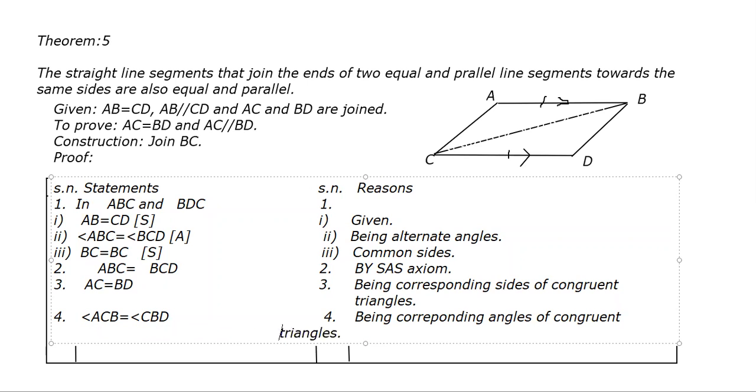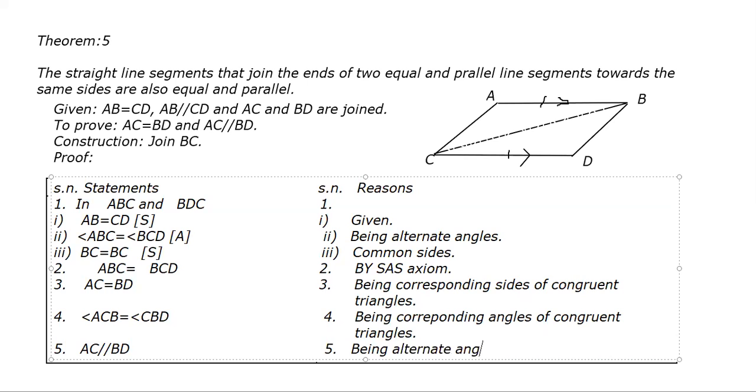Now, if angle ACB and CBD are equal, then we can write AC parallel to BD, because alternate angles are equal.